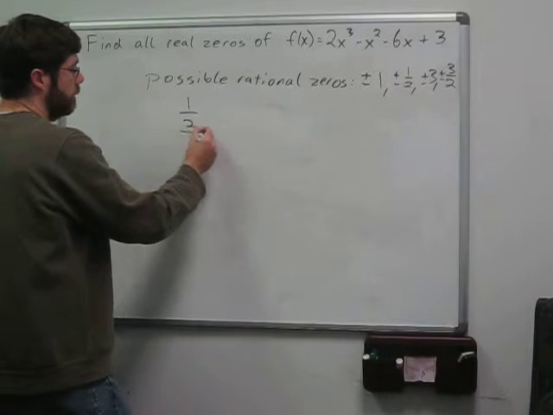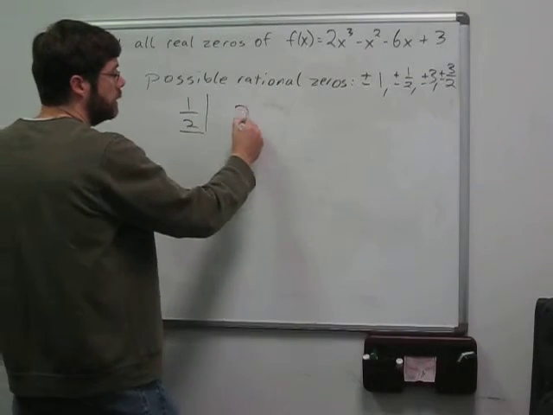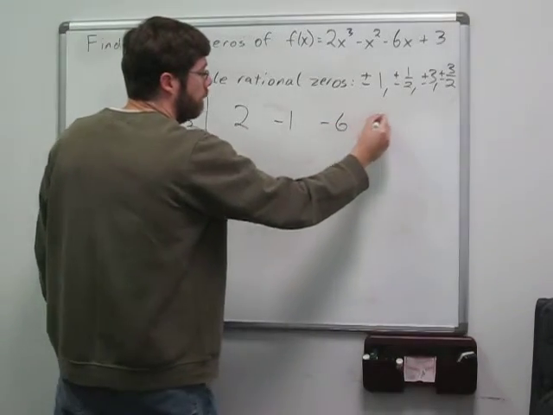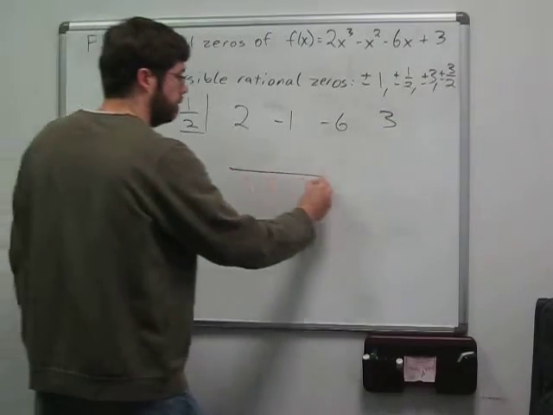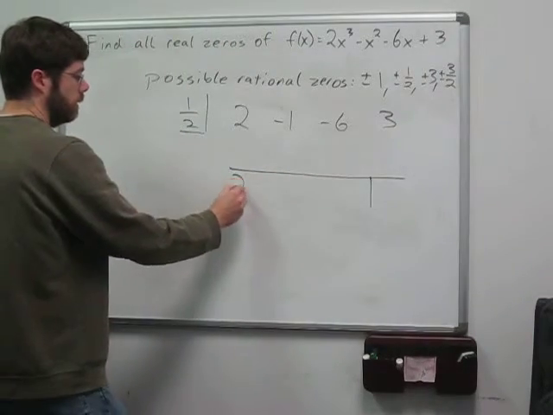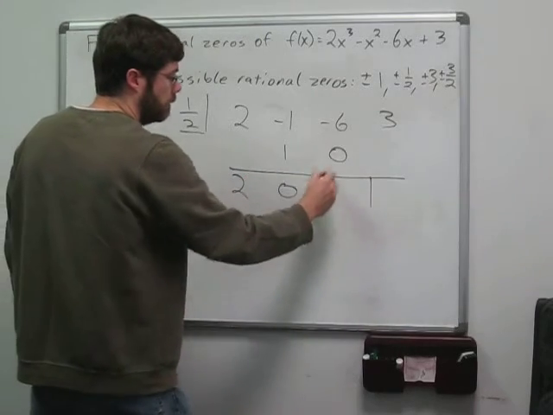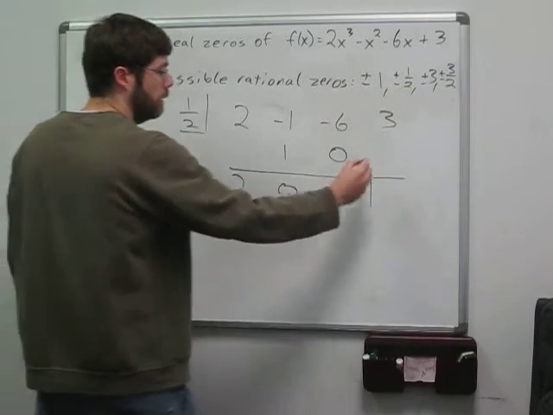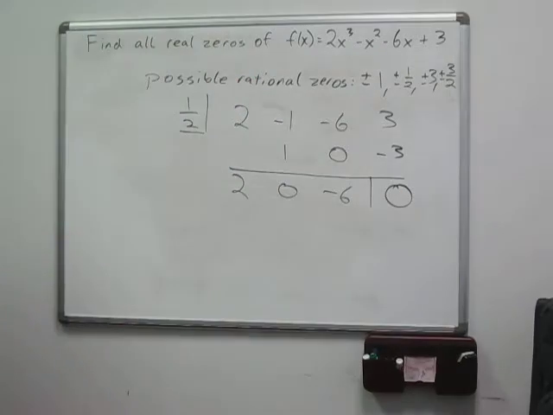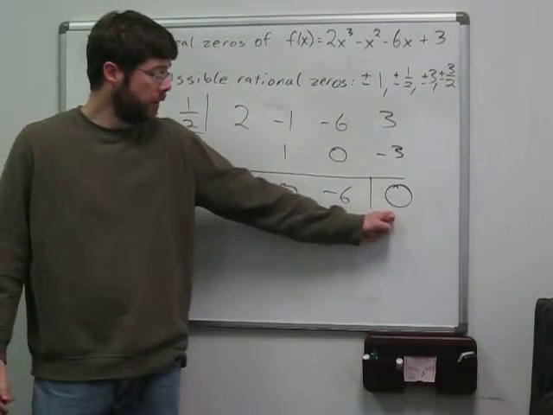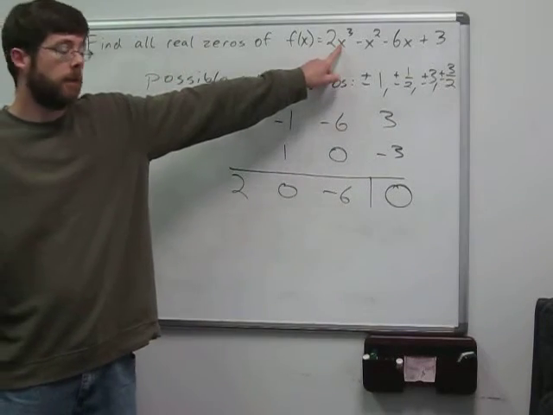So to evaluate the function at 1/2, let's put 1/2 in the box and run through the synthetic division algorithm. Bring the 2 down, multiply and add, multiply and add, multiply and add. We get a remainder of 0, so 1/2 is a 0 of this function.